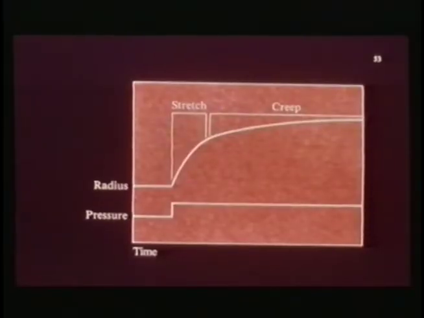53. Elastic deformation is the immediate change in size of a vessel induced by stretching the wall elastic elements as intraluminal pressure is raised. Creep is a slow elongation which results from slippage of partially activated smooth muscle contractile elements. 54.